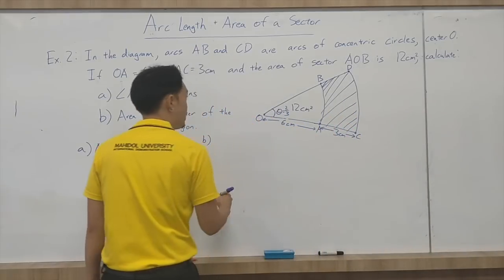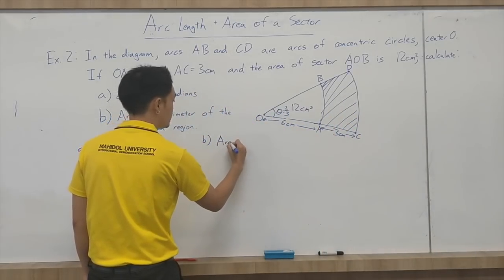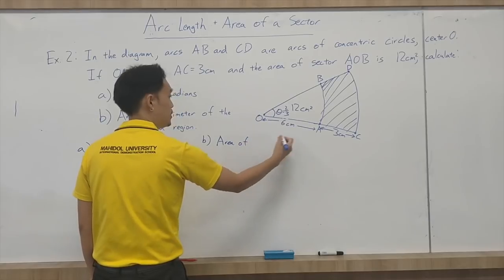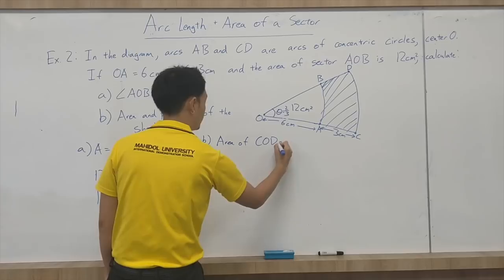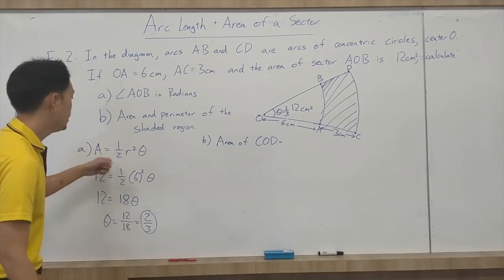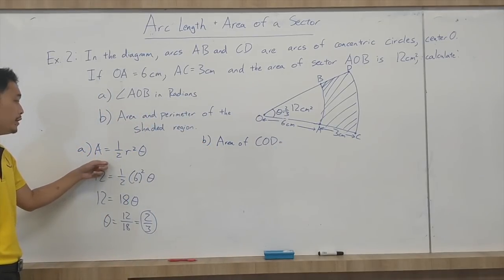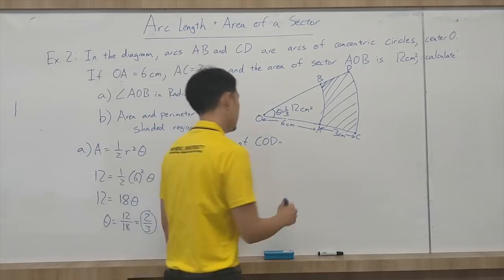So to find the area of, let's call it COD, let's again turn to our formula. Area equals 1/2 r squared theta.